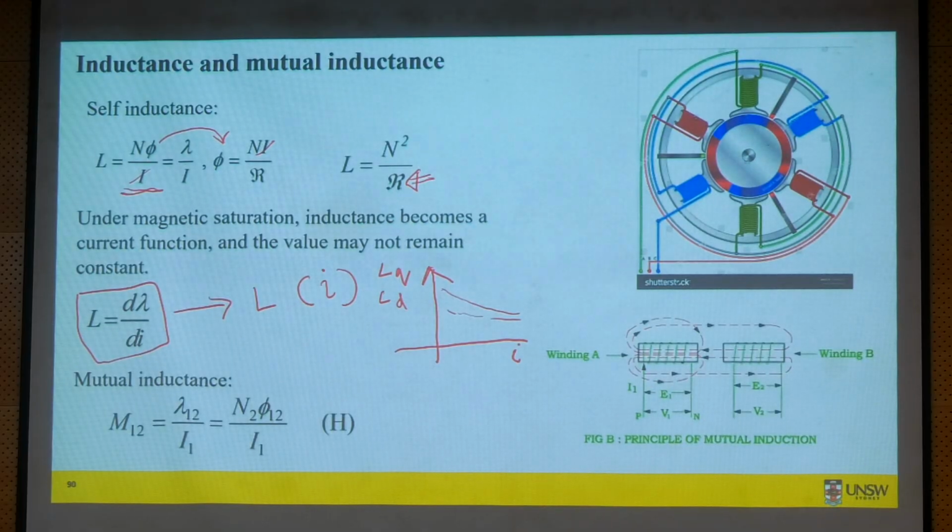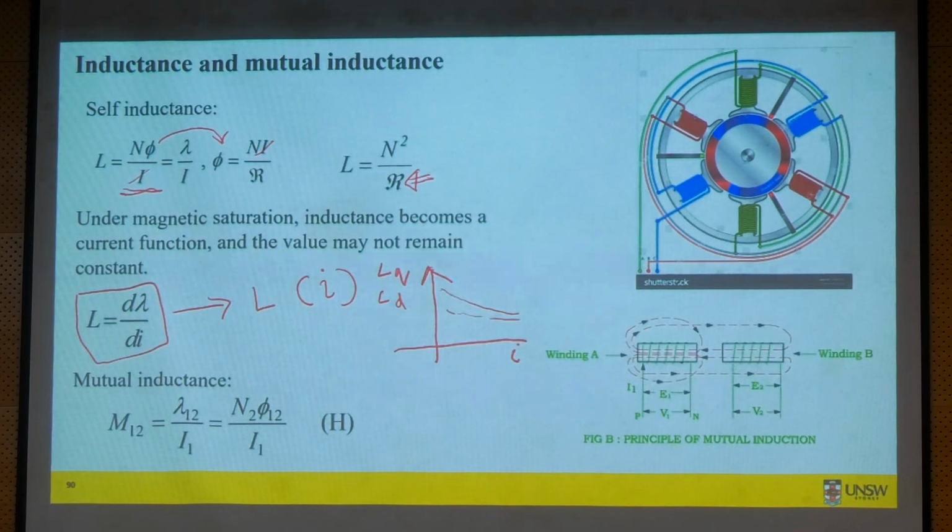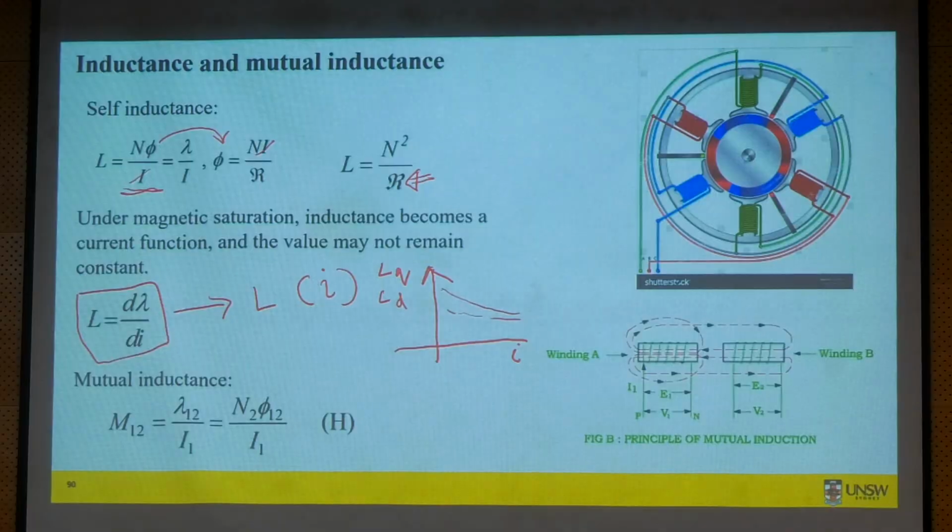So the inductance we are talking about here is the self-inductance. And self-inductance is not Ld, Lq. You have to remember that, okay? Ld, Lq is related to your synchronous inductance. So we'll try to recall what synchronous inductance is in the next few slides. In an electric machine, you will have self-inductance because you have the windings and coils, three phases.